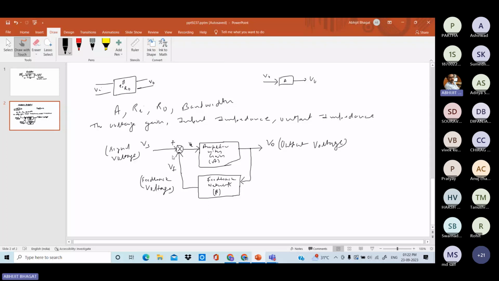This Vf voltage may be positive, may be negative. Vs is always positive, Vf is either positive or negative, and your Vi equals Vs plus minus Vf. So this is the block diagram of the feedback amplifier.